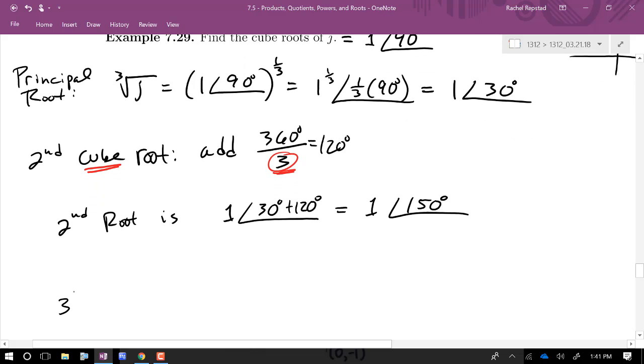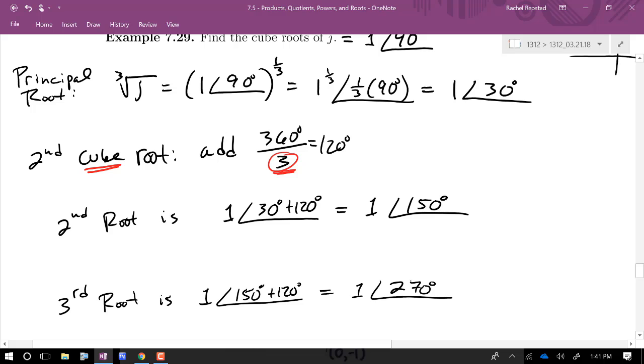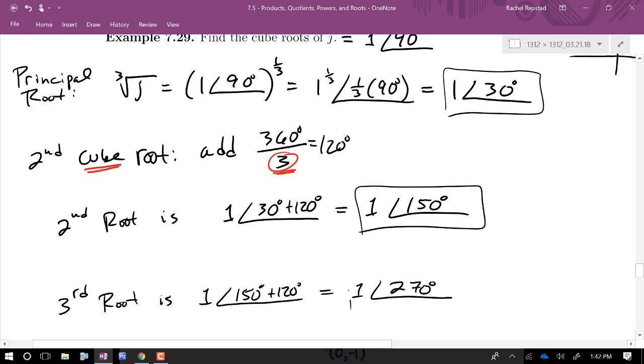And our third cube root, because we know there are 3 of them, I'm just going to add 120 again. So I have 150 plus 120, and that's 270. So in polar form, this is what they are. These are the 3 cube roots.